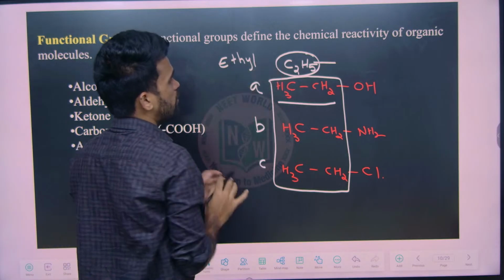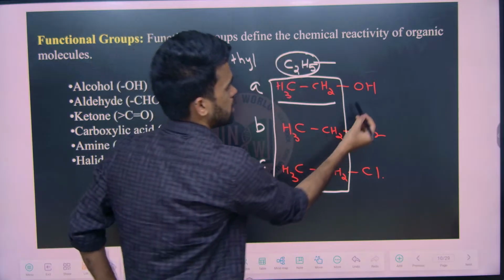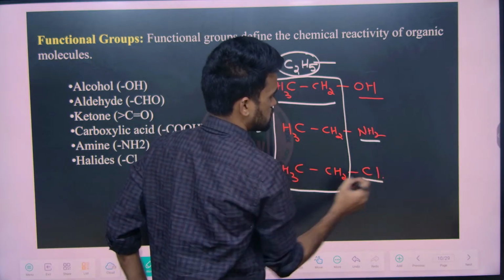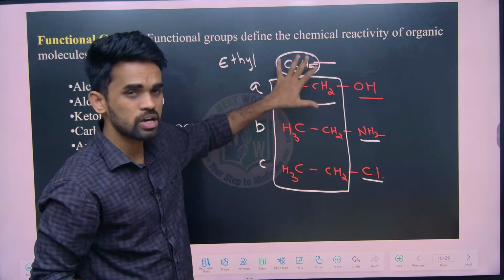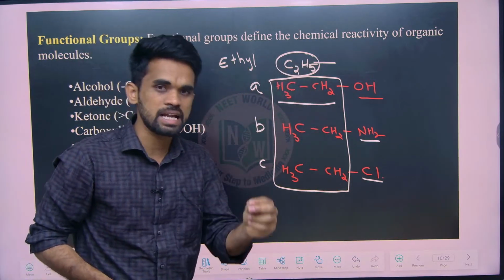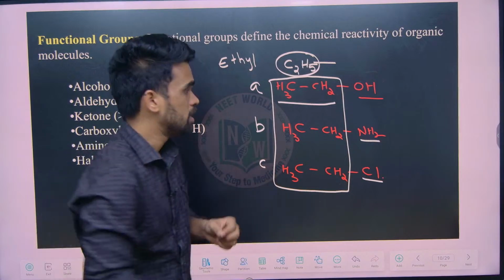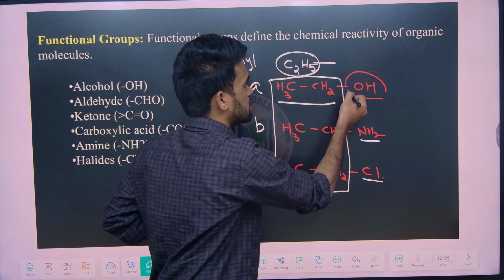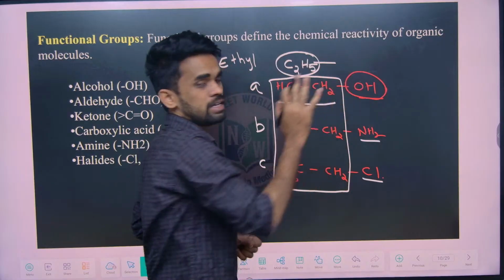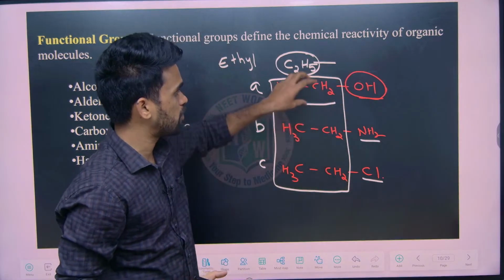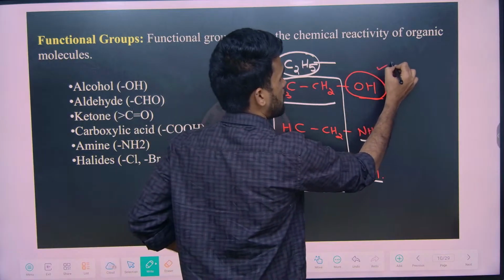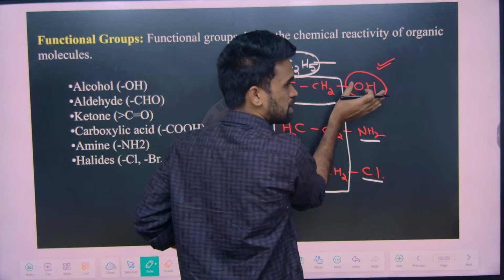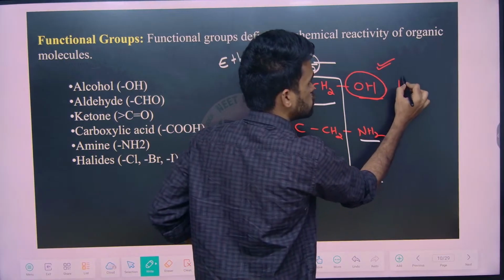Our discussion is not about this but about the extra parts. The property of a given organic compound is decided by the group which is attached to our alkyl chain. Once again, the characteristic property of a given organic compound is decided by an atom or a group of atoms. That atom or group of atoms is called a functional group.